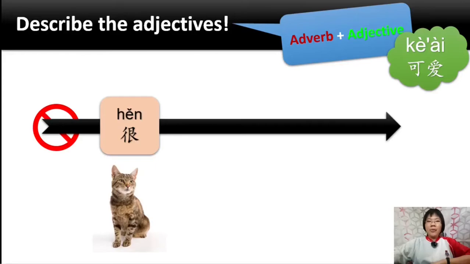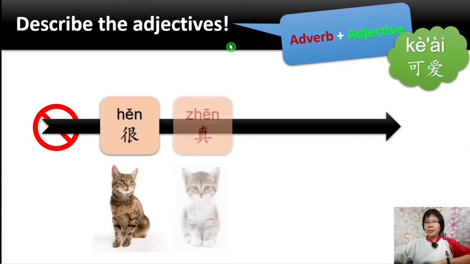Let's talk about adverbs. In the previous lesson, we learned this word 很。很 means very. 可爱 means cute, ugly but adorable. 很可爱, very cute. If you want to describe something very cute, 真可爱。真可爱 comel sungguh.